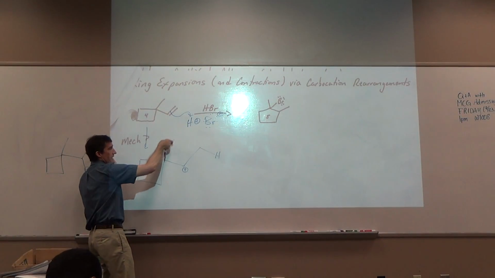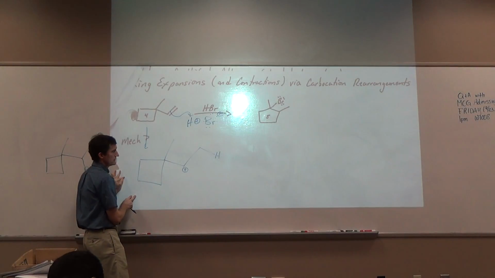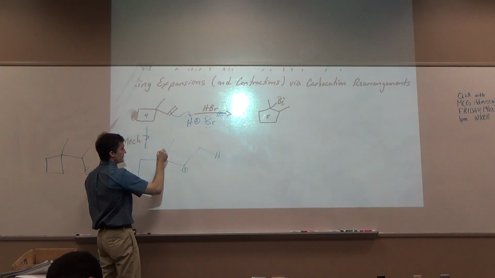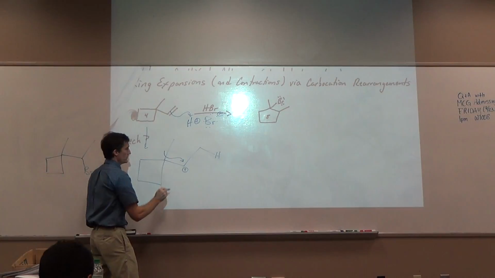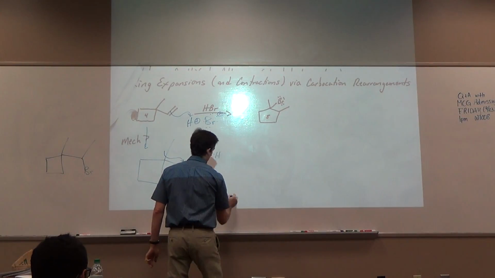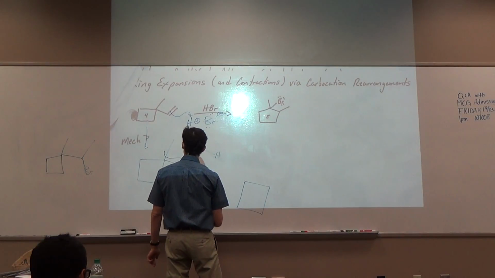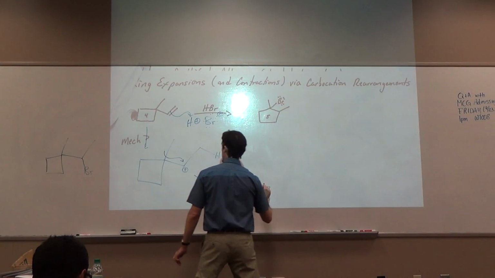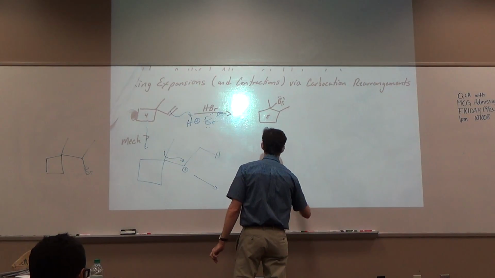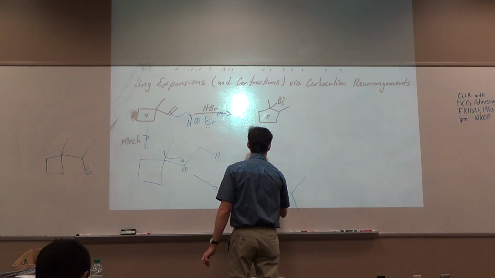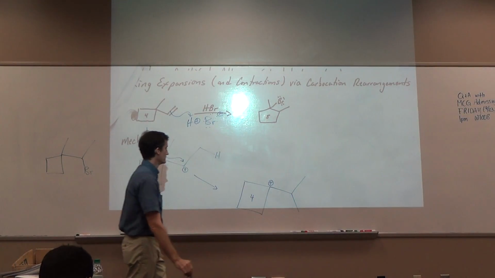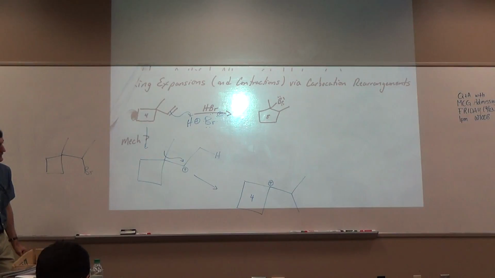Now, I can move this methyl over. In fact, let's move it over. Just take it loose and move it over. What would that give? That'd still be a four-membered ring, right?